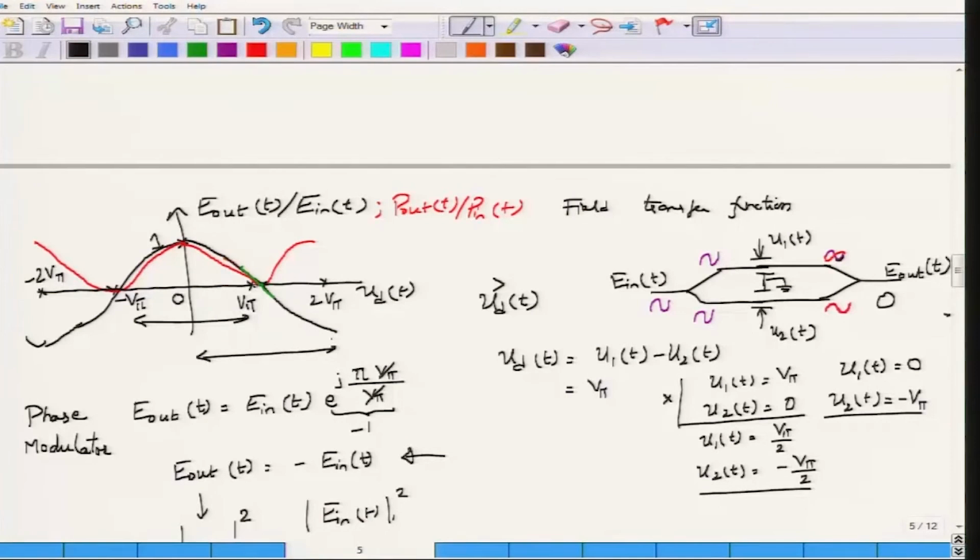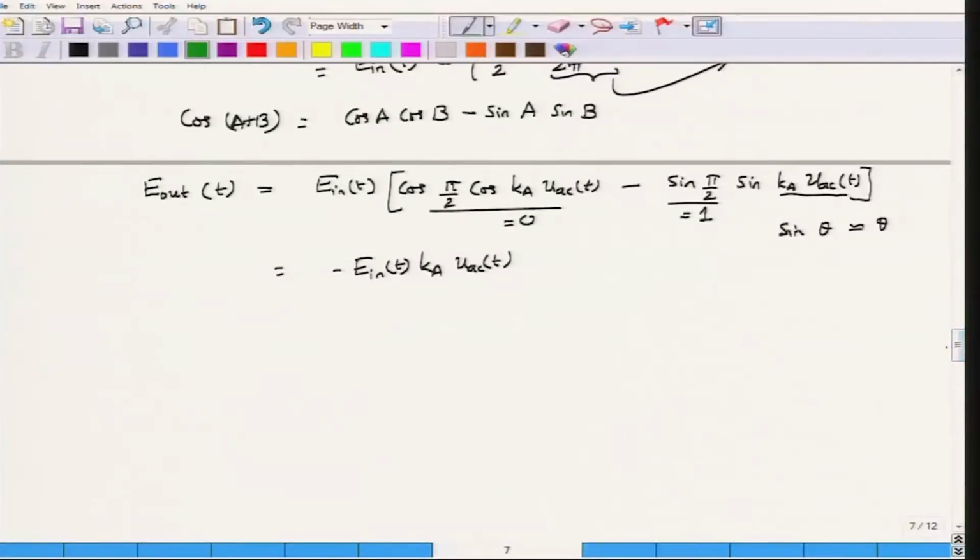But at this point, since we have chosen UDC equal to V pi, as the input voltage swings back and forth, the corresponding output change happens over this transfer characteristic, and the output is small because we are operating near the 0 point of the Mach Zehnder modulator. But what we have managed is to obtain this relationship: minus K A, which is some constant and does not matter, and more importantly E in of t, which was equivalent to C of t for us, and UAC of t, which was equivalent to M of t.